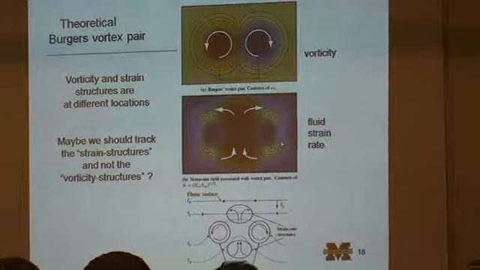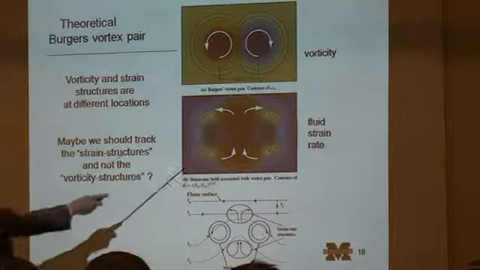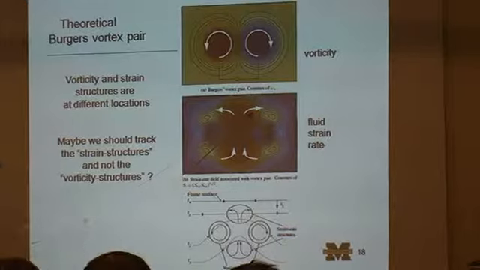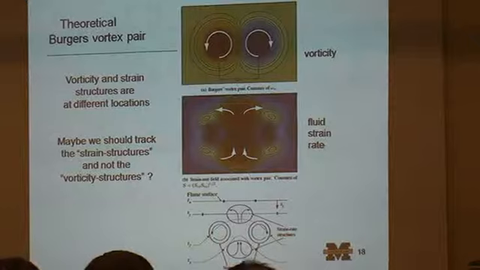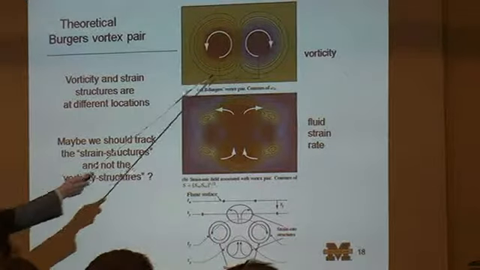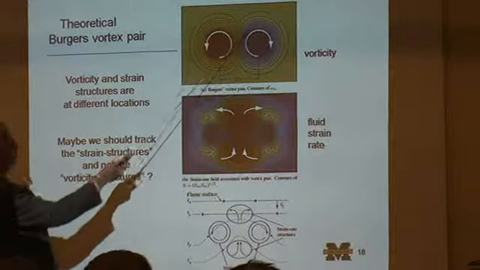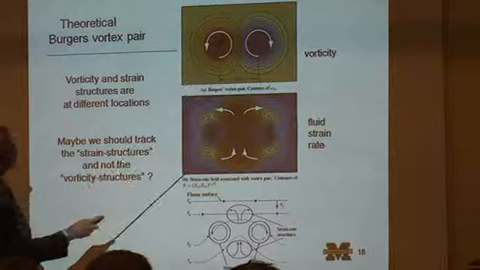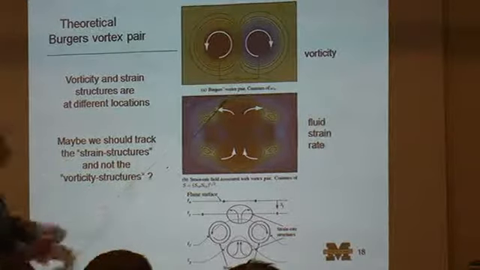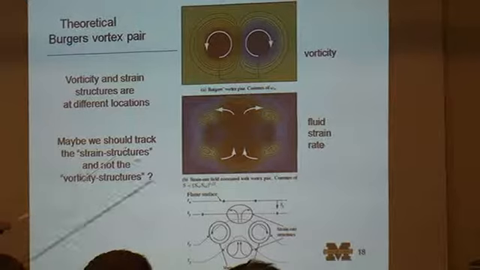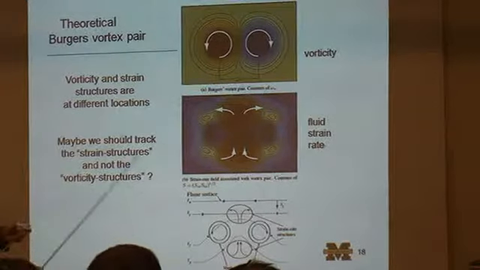So one thing that Adam did was say, well, maybe we shouldn't be looking at vorticity. We can measure the strain rate in the fluid, this S quantity, directly from our measurements in the plane of the measurement. And you see, if you have a theoretical vortex pair, the vorticity is here, but then where the flow is going like this, you have a very high extensive fluid strain rate, and here you have a very high compressive strain rate.